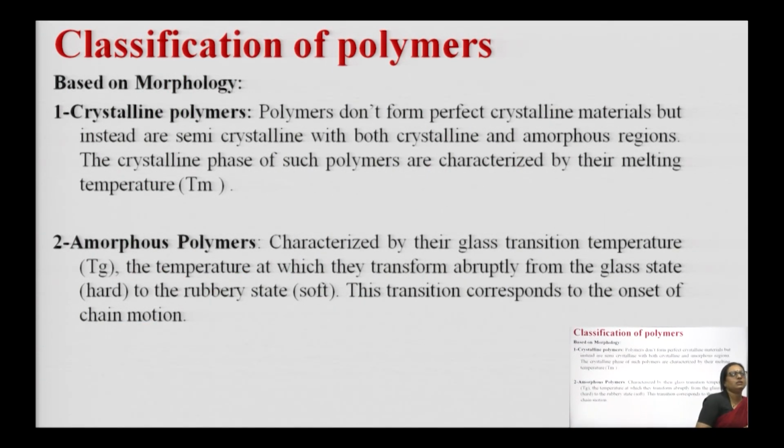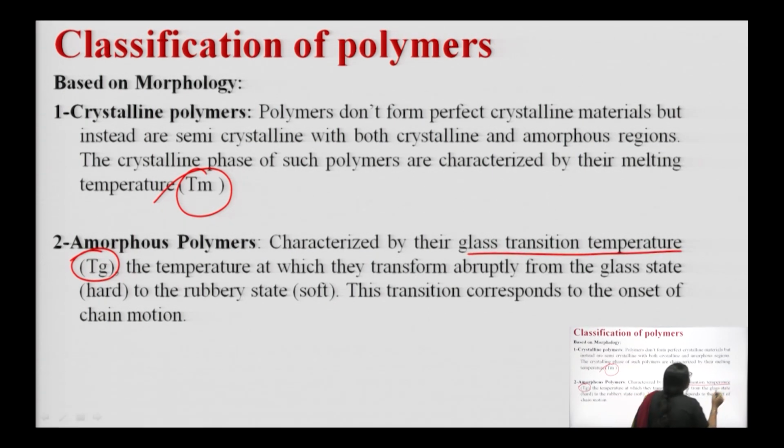Based on the morphology, the polymers may be classified into crystalline and amorphous polymers. Although these polymers lack a definite or perfect crystalline structure as well as amorphous structure, they will always be found as a mixture of crystalline and amorphous forms. The crystalline forms of polymers are characterized by their melting point, denoted as Tm, whereas amorphous forms of polymers are characterized on the basis of their Tg, which is important and is called the glass transition temperature.